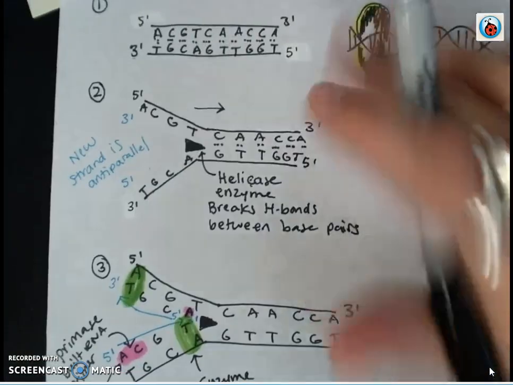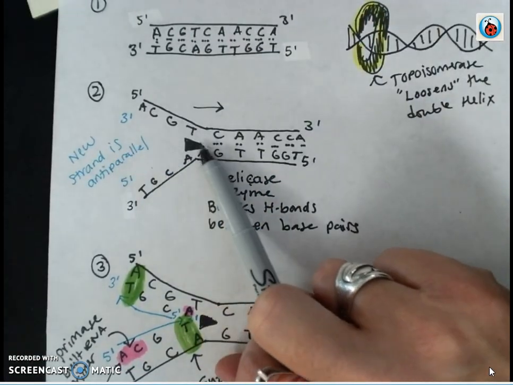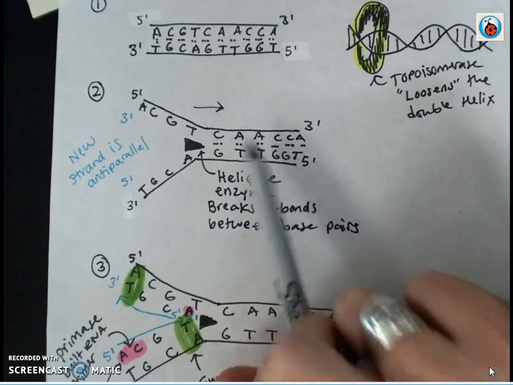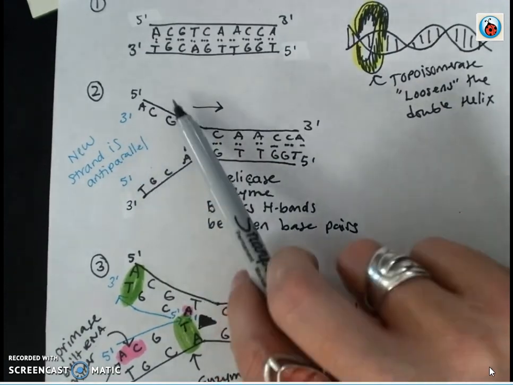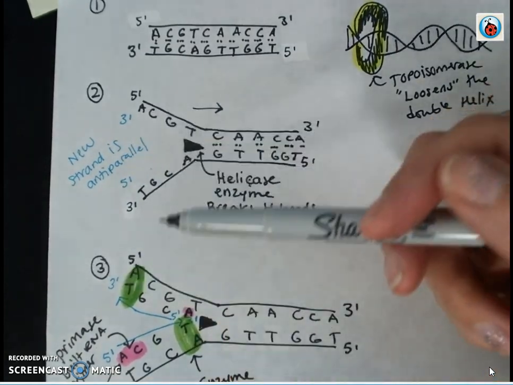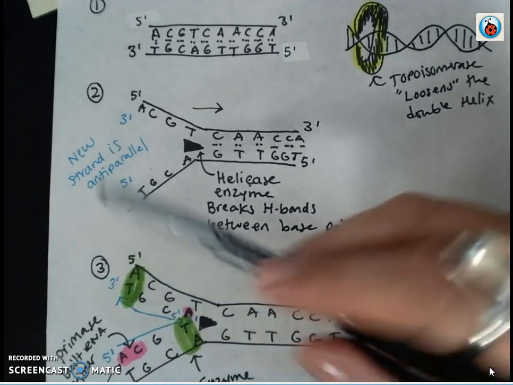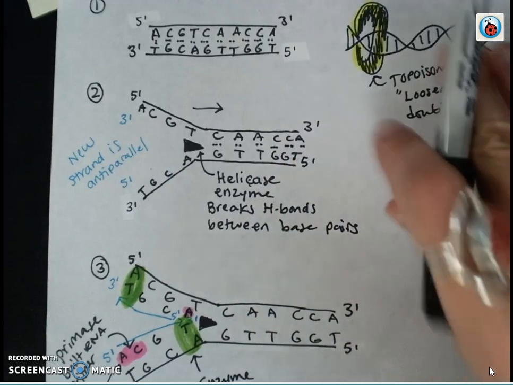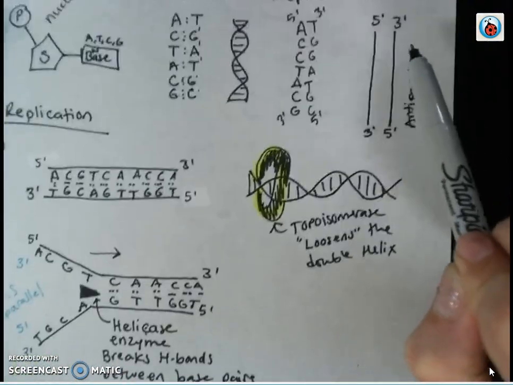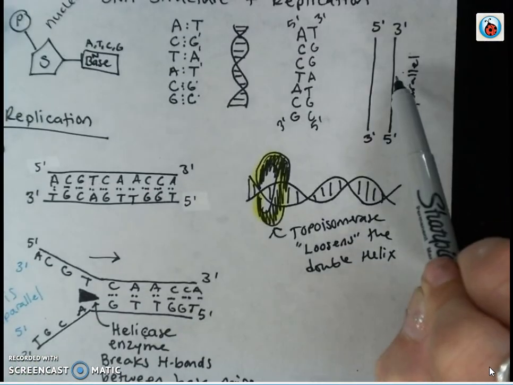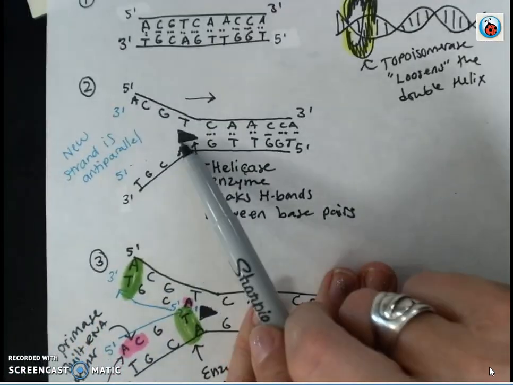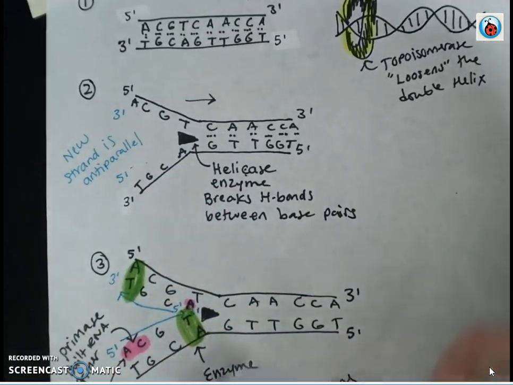So here, as helicase has come and unzipped and broken these bonds, what we find is open strands of DNA. Well, we need to build the new complementary strands, keeping in mind that the new strand is going to be anti-parallel. So up here where we saw DNA running in opposite directions, when you build the new strand, it's also going to be anti-parallel.